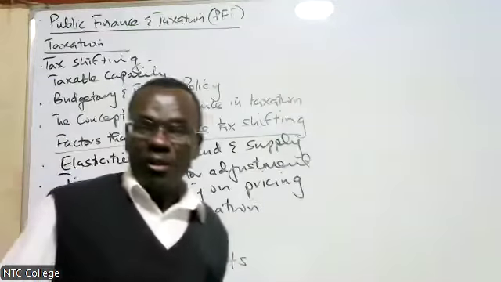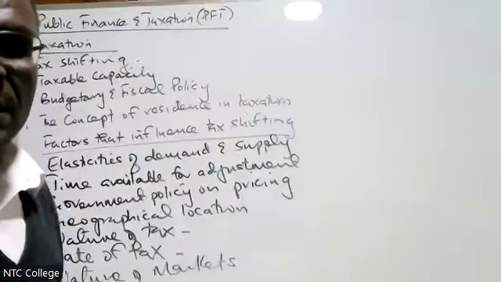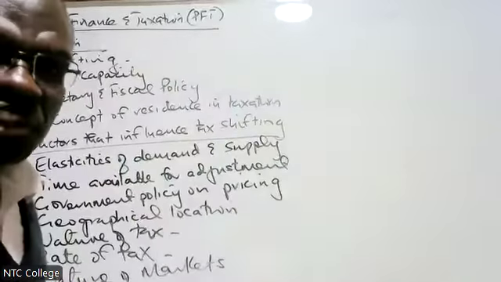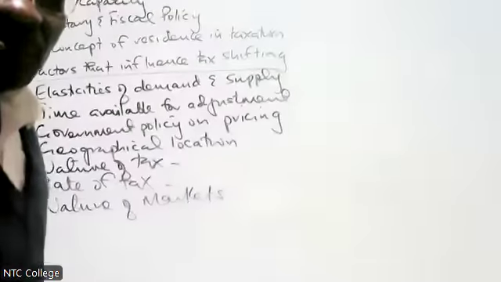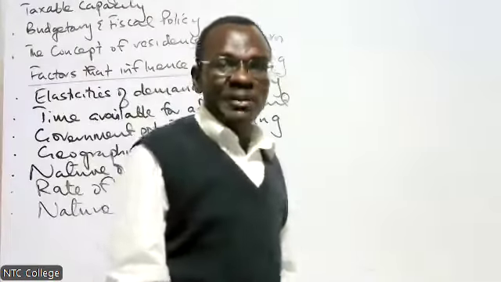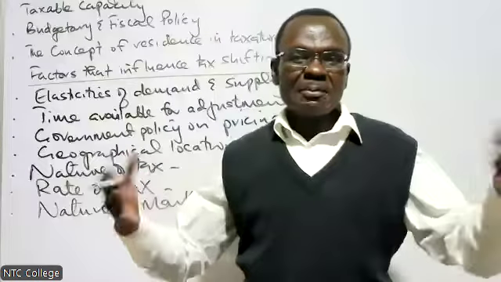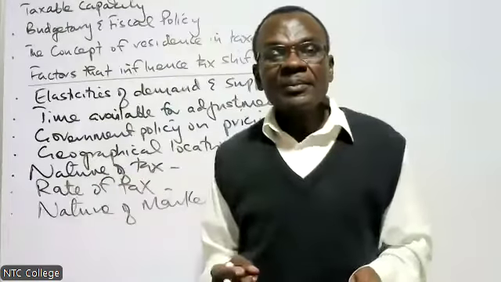Again, from your economics, a market is not really a physical place, but an arrangement. It could be a physical place like Wakulima Market, but it also could be an arrangement where the buyer and the seller can express their interests.